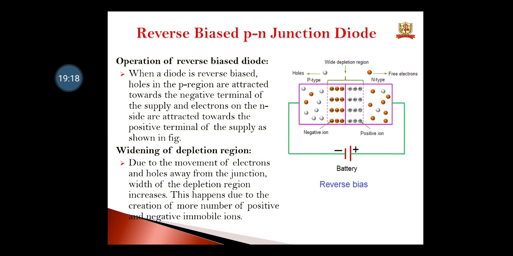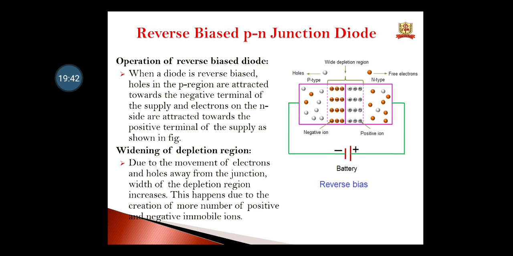So when you connect the battery, the negative terminal is connected to P type and the positive terminal is connected to N type, and the negative terminal attracts all the holes from the P type semiconductor, and the positive terminal attracts all electrons from the N type semiconductor.